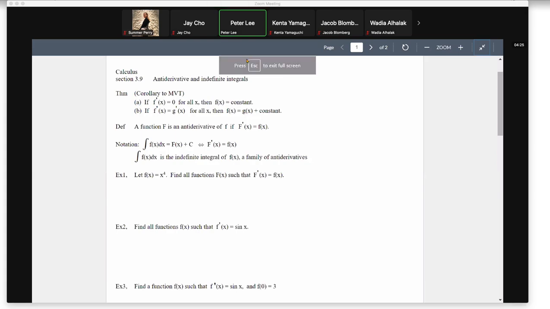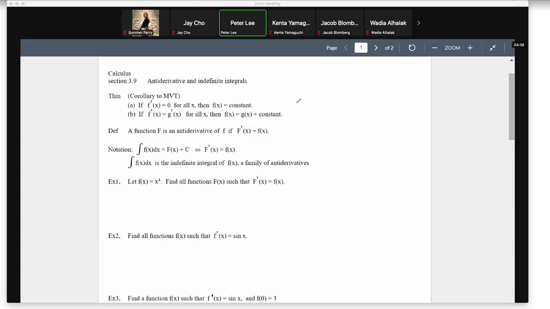What is section 3.9? It's basically the opposite of the derivative.